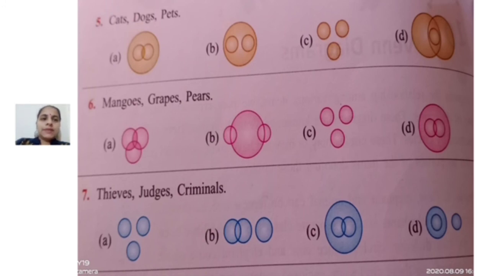Mangoes, grapes and pears. So students, what do you feel? What will be the correct answer? In a circle, it has shown that all three are intersecting.